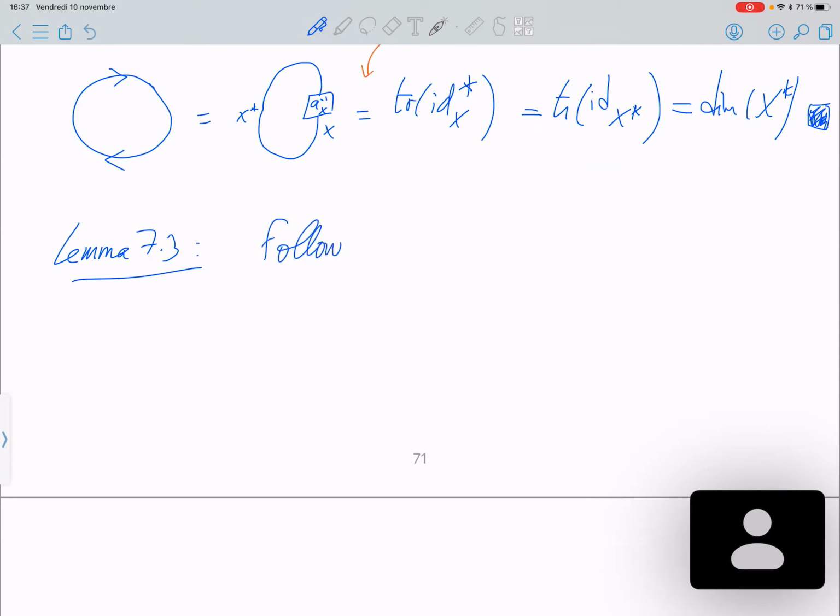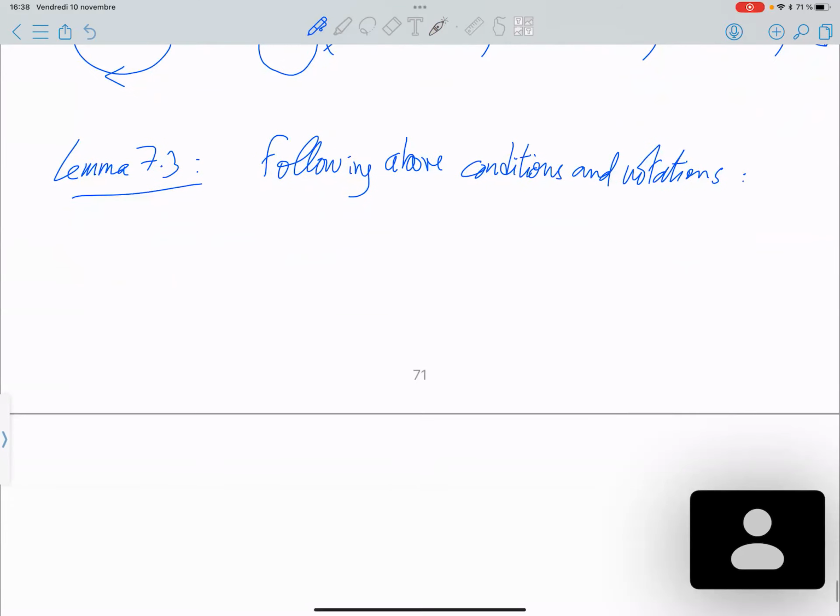So following the above condition and notation, the evaluation map X plus or minus star is the coev X star plus or minus.